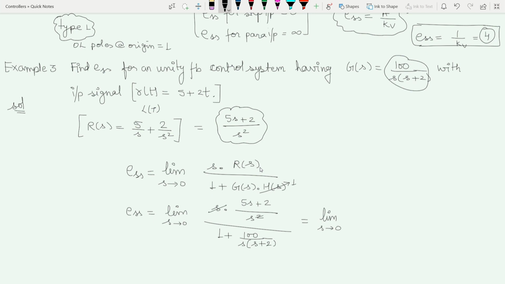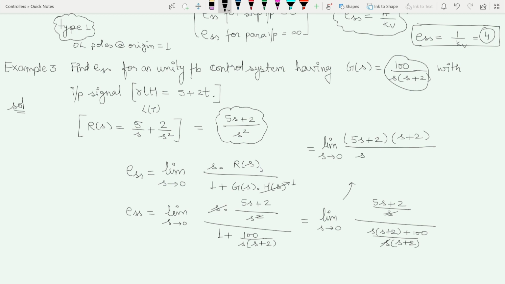So it is equal to 5s plus 2 divided by s into s plus 2 plus 100 divided by s into s plus 2. This s will also get cancelled. So over here I'm writing the limit as s tends to 0 of 5s plus 2 into s plus 2 divided by s into s plus 2 plus 100.